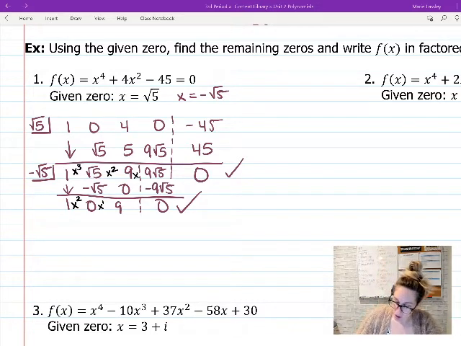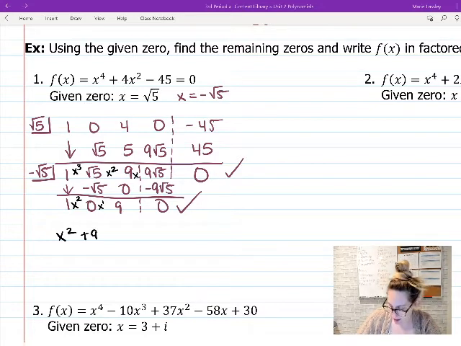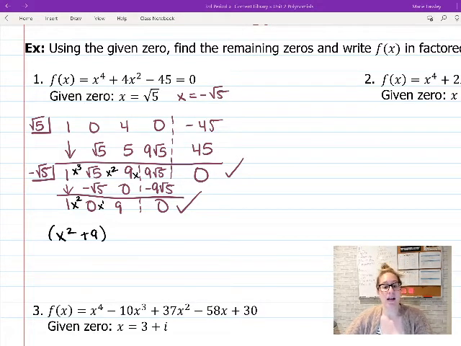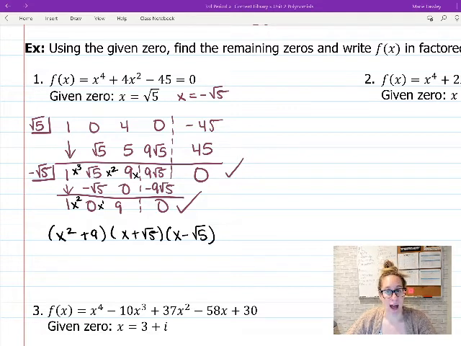All right, so what I have here is x squared plus 9 and x plus square root of 5, x minus square root of 5.